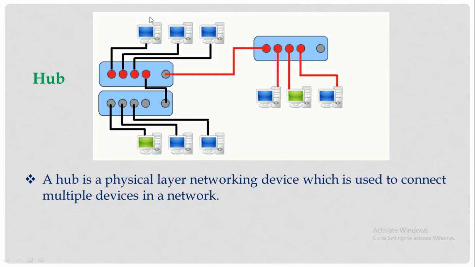So 3 computers are connected to each hub. Now assume that I have to transmit information from this green color system to this other green color system.